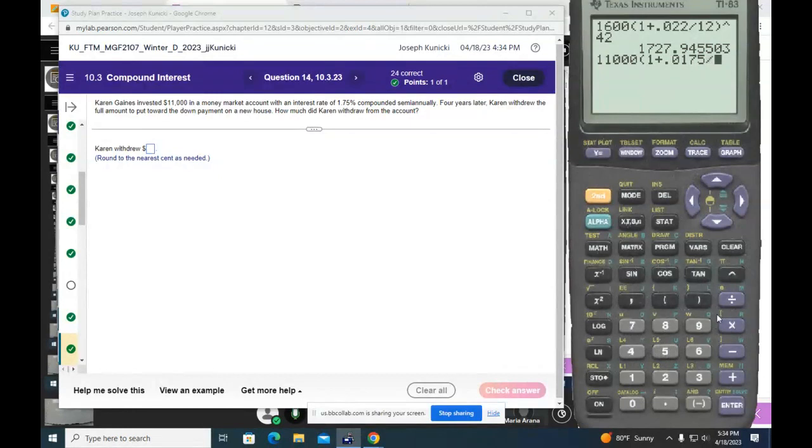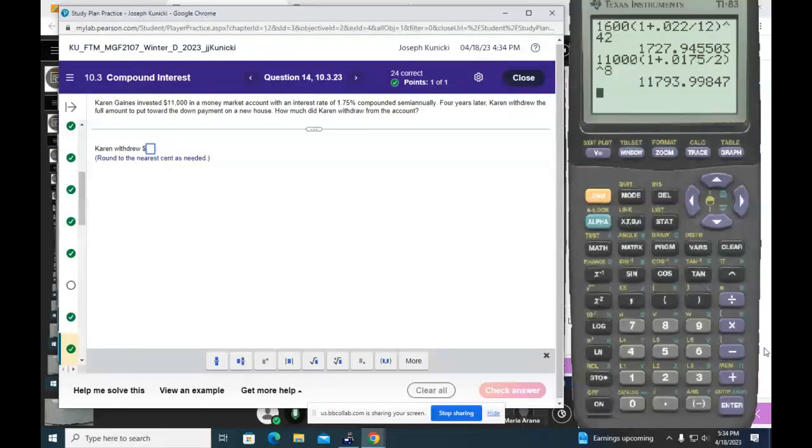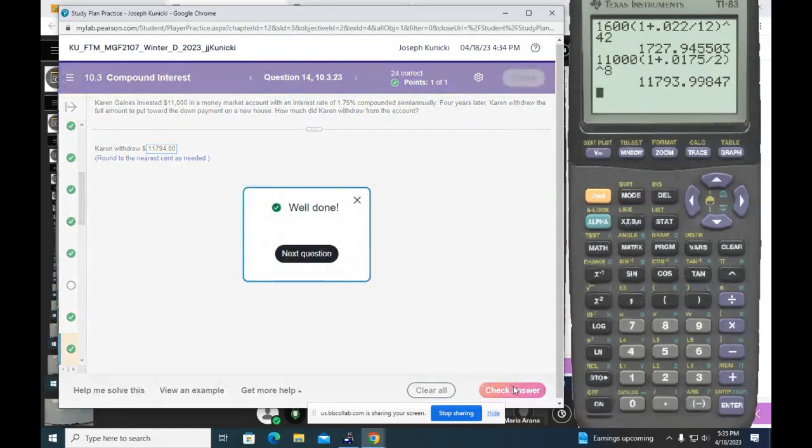And it was semi-annually, so divided by 2, not 22. And it's for 4 years, so caret 8 compoundings. So she would have gained $794. 11,794 and no cents.